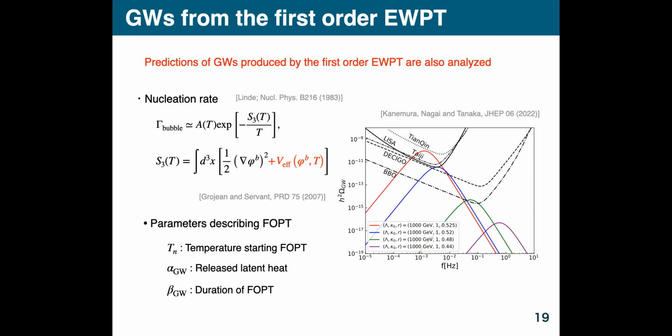As we can see, at future space-based interferometers like DECIGO, LISA, and BBO, we may explore the dynamics of the first-order electroweak phase transition. Therefore, the gravitational wave observation is useful to test the first-order electroweak phase transition.